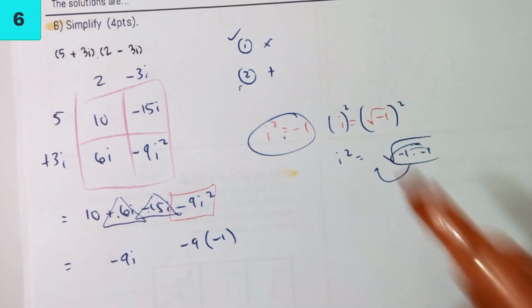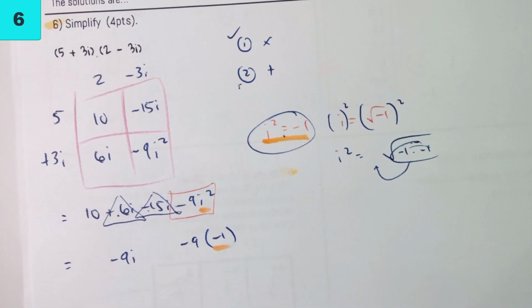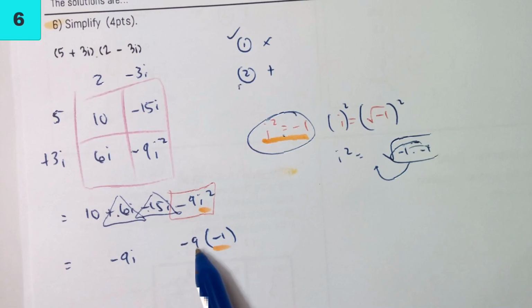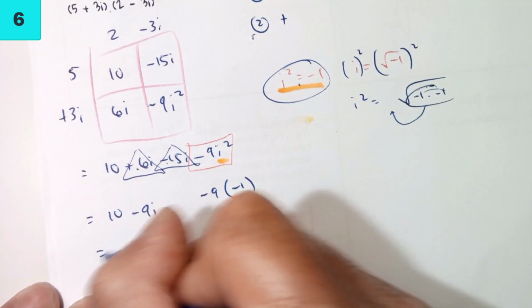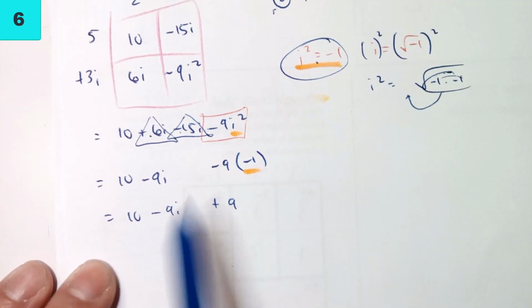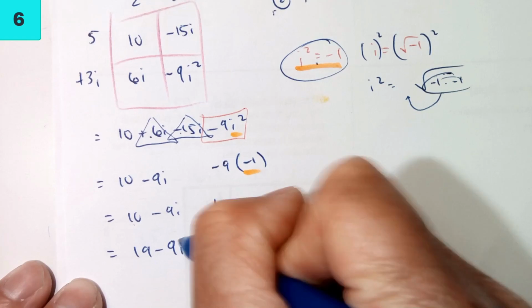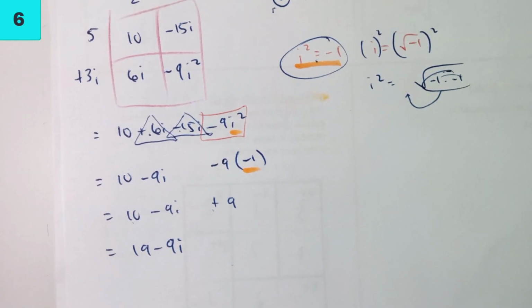So this goes into there. Notice it's multiplication here, so it's multiplication there. So then you'll have 10 minus 9i plus 9, and then 10 plus 9 is 19 minus 9i. And this will be my answer.